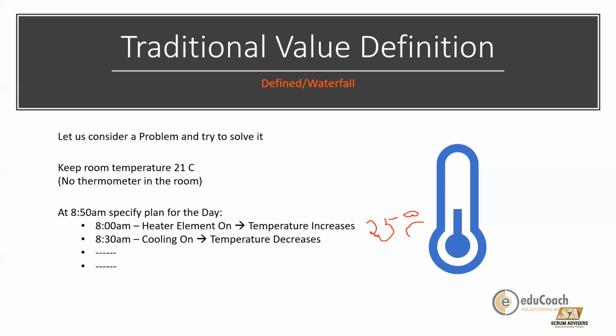Please mind my handwriting. And at 8:30 a.m., the cooling turns on and the temperature starts decreasing. Remember, we don't have a thermometer in the room, so we are not able to see what the temperature is. So the heating element or the cooling element have no idea what the temperature is. So the temperature starts to decrease, and let's say it goes to 16 degrees centigrade.